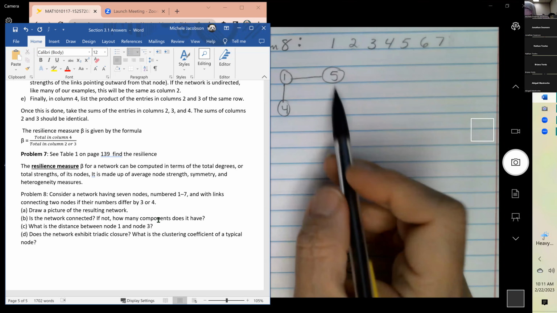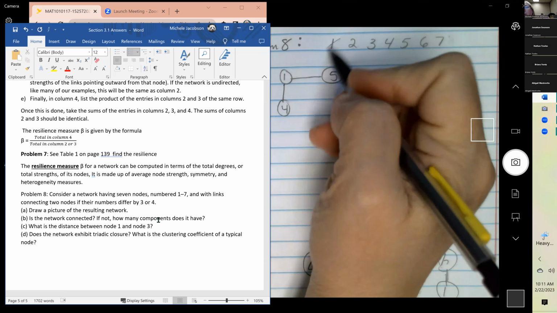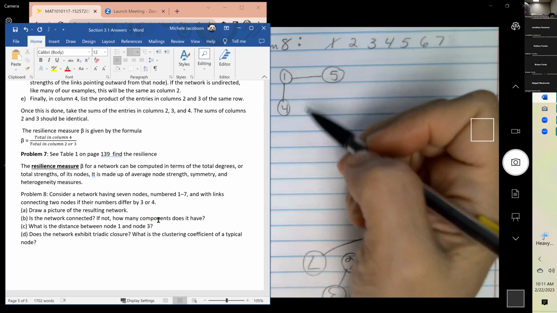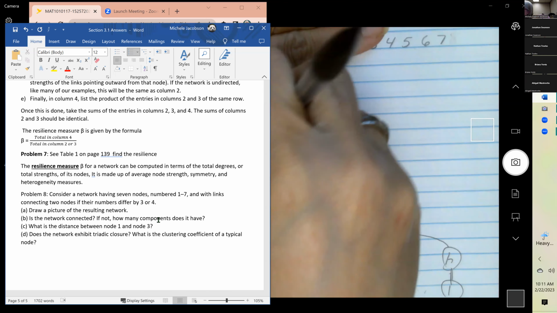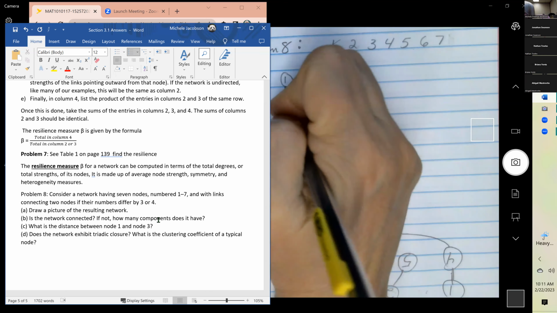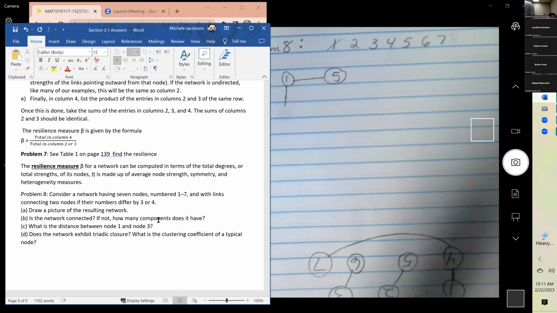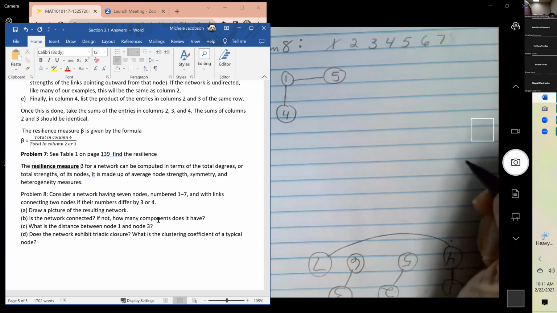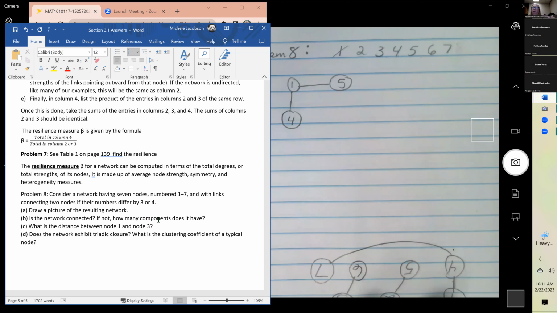I know that's all my possibilities for 1. Now, if you want to do the ones you already have circled, that works. That's how I did it, but you don't have to. But go ahead and try, and then we'll go over it. I want to give you a chance to try it.